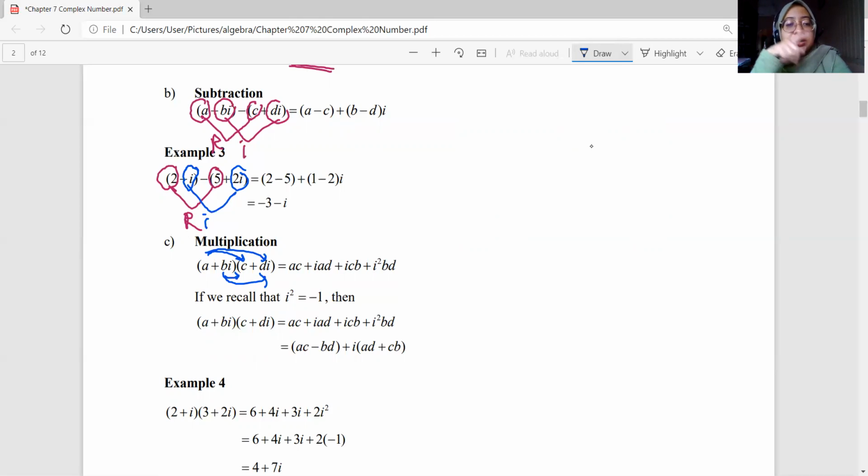If we recall that I square is equal to negative 1, then A plus BI times C plus DI is equal to AC plus IAD plus ICB plus I square BD, which is equal to AC minus BD plus I times AD plus CB.